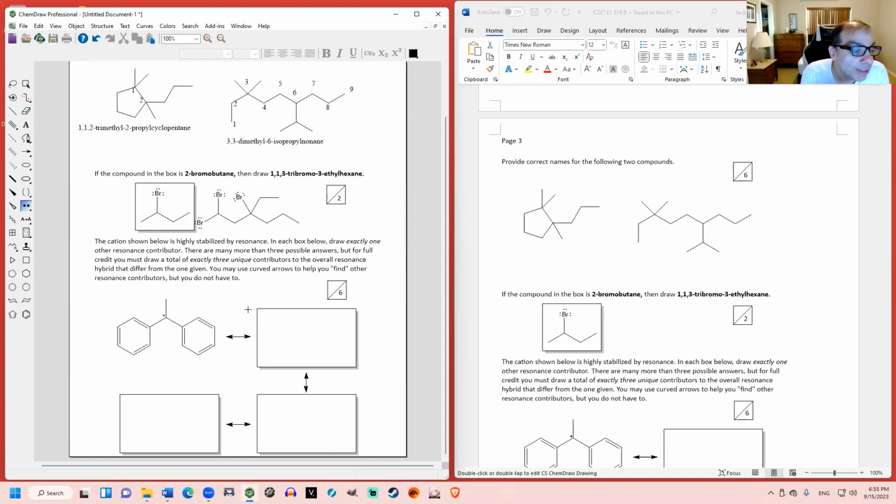Next, we've got a very highly resonance stabilized cation. You can use arrow pushing to help yourself find other resonance forms. For example, we can move that pi bond over. That would give us this.